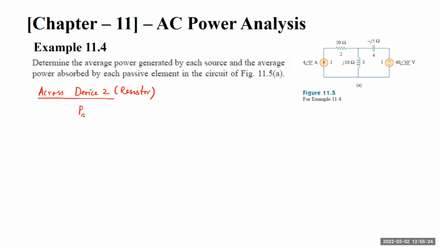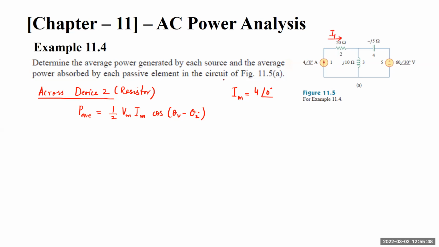The average power will be 1 by 2 Vm Im cos of (theta v minus theta I). Im across device 2 is 4 angle of 0, because I1 is the current that is flowing here.